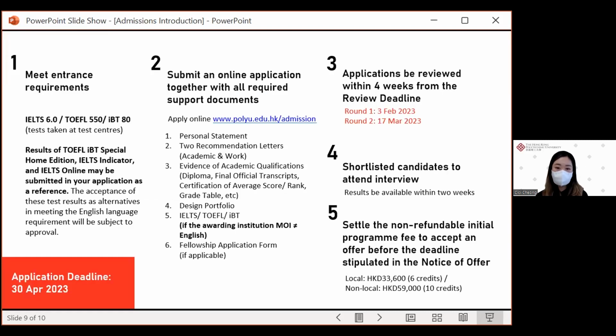Okay, last but not least, this is the application details about our program. In order to meet the entrance requirement, you need to fulfill the English requirement as stated here.